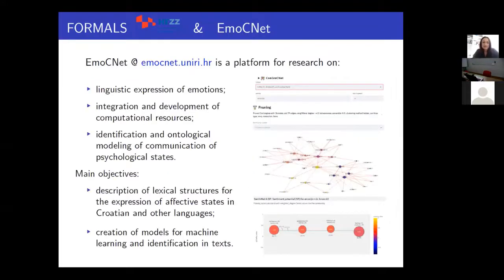So Ben has already mentioned our project and the research into the computer science part of the linguistics, and some of these results have already been published. Some of the results we are still working on.